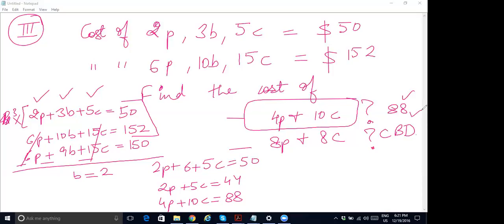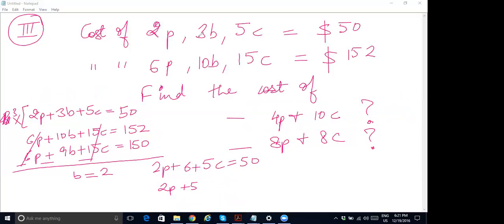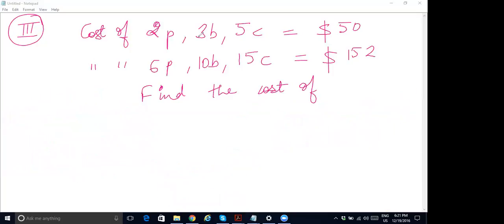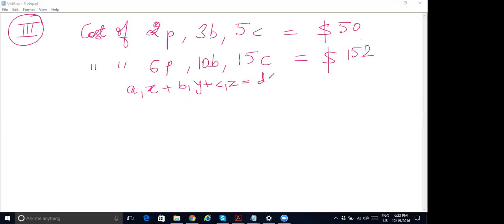Now the point is, when can we find the values and when can we not? In this, the equations are basically a1x plus b1y plus c1z is equal to d1, and a2x plus b2y plus c2z is equal to d2. Now there are three variables.